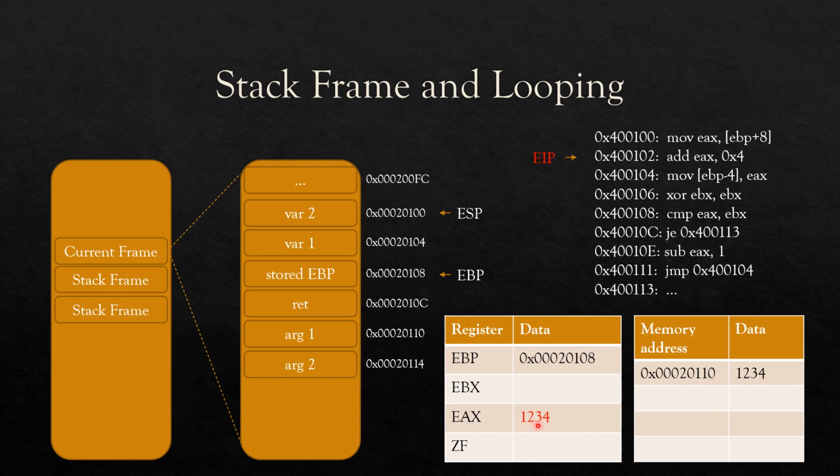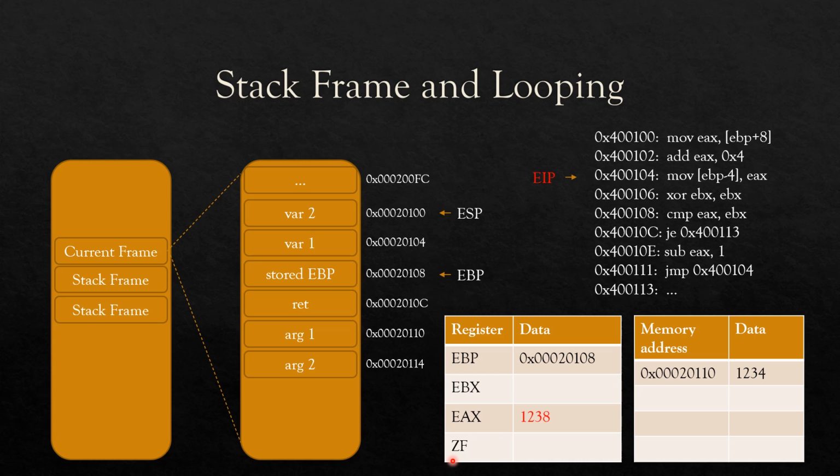So the next instruction we see is an add. That means we are adding 4 to EAX and storing that back into EAX. So we'll execute that. We can see the instruction pointer has moved again, and the value stored at EAX has been incremented by 4. The next instruction is another move. This time we're taking the value stored in EAX and moving it to the address of EBP minus 4.